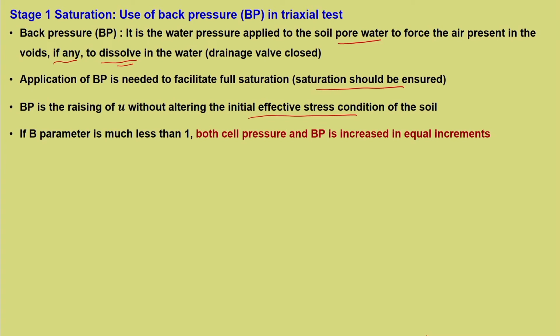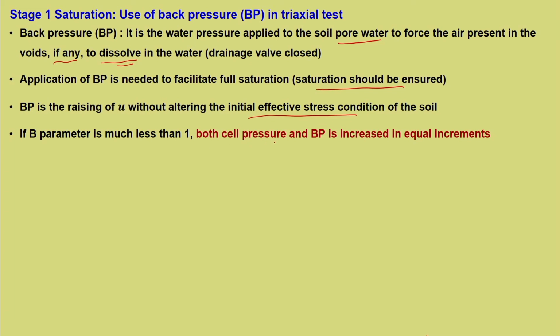You increase the cell pressure by some small increment, not substantially, and measure the pore water pressure. And B is, we know, delta U by delta sigma 3, that is during the confinement. So, measure both. If it is much less than 1, it indicates that it is not saturated. If it is close to 1, it indicates it is saturated.